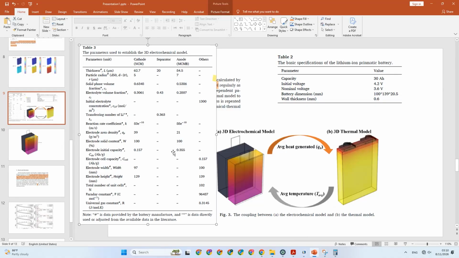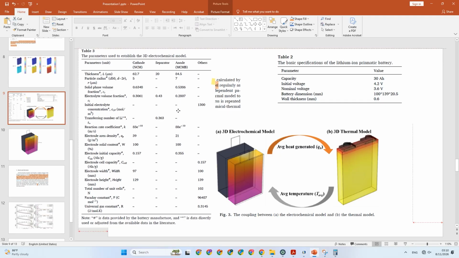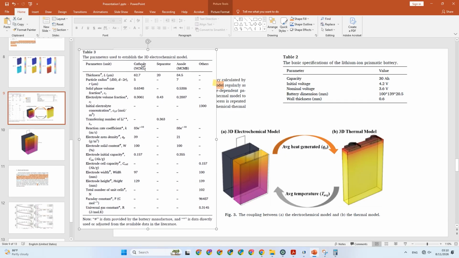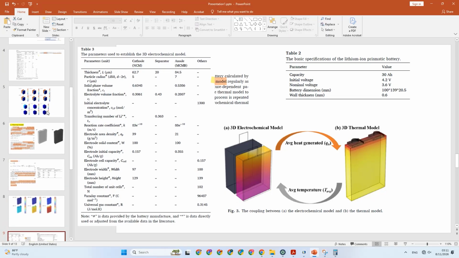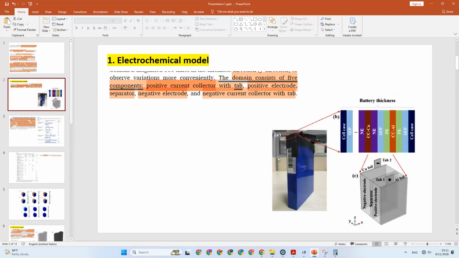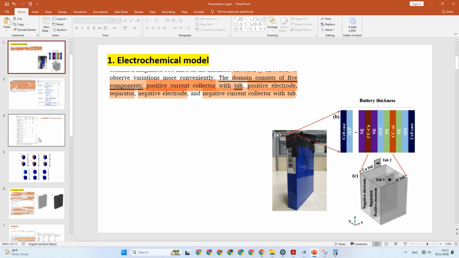When we see this value, cathode must be lower than anode. Cathode must be lower or thinner. Here cathode is bottom, anode is top, and anode is bigger.